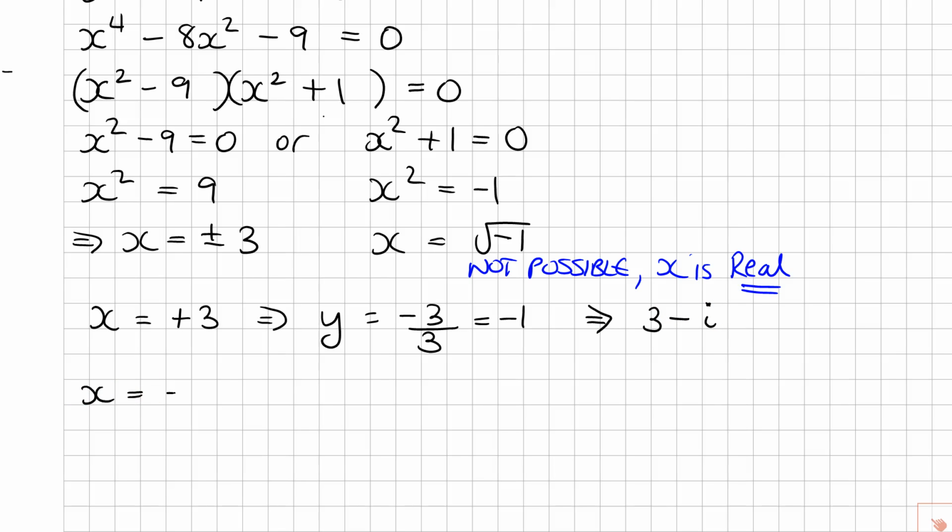If x is equal to minus 3, this implies that y is equal to minus 3 over minus 3, which will give me plus 1, which implies I have minus 3 plus i to be the complex number.